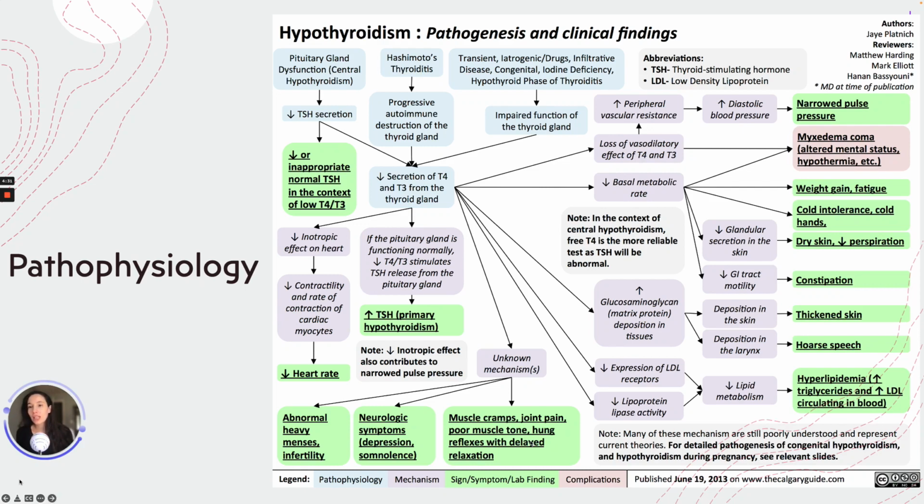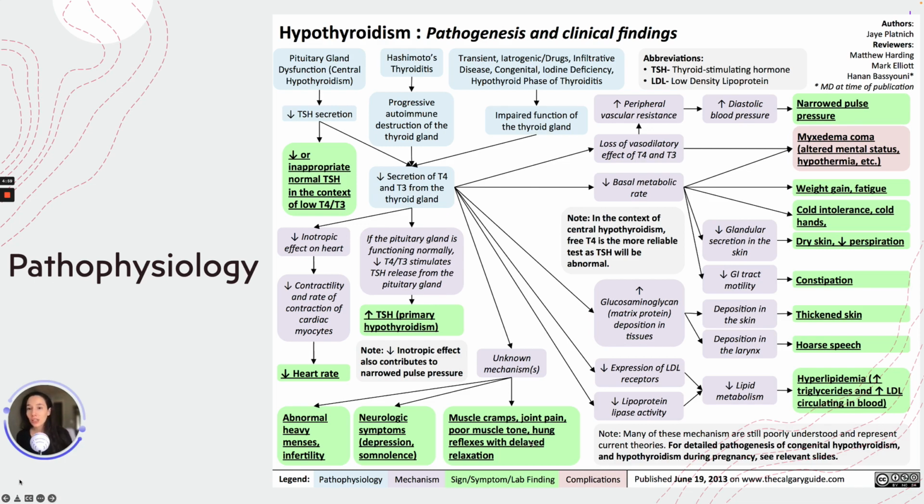So you're going to see a decreased or inappropriately normal TSH in the context of a low T4 and T3. And you're going to see a decrease in inotropic effects on the heart, decreased contractility and rate of contraction of cardiac myocytes. So you're going to see a decreased heart rate because of the decreased secretion of T3 and T4.